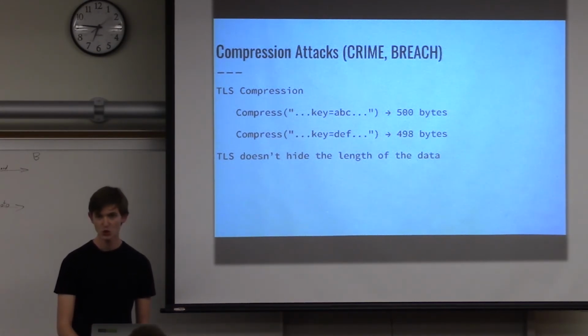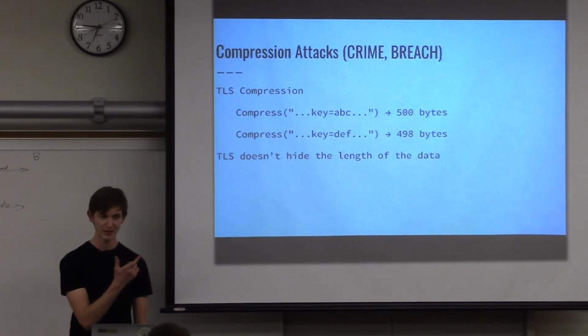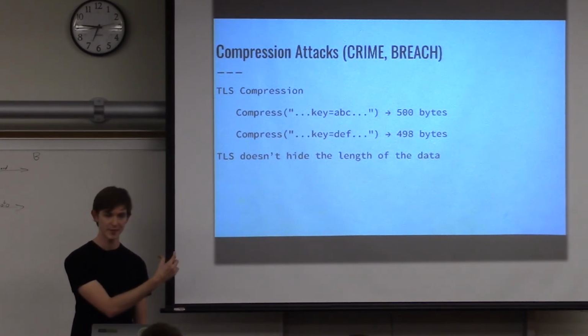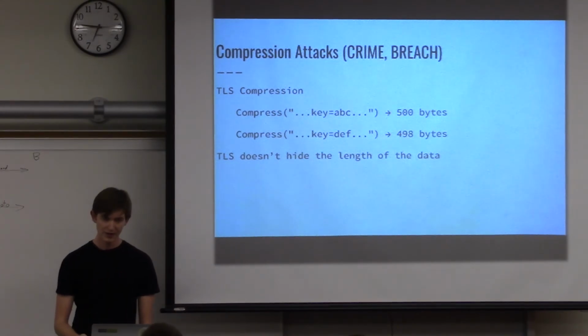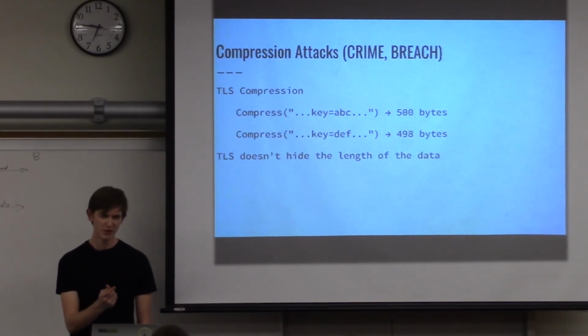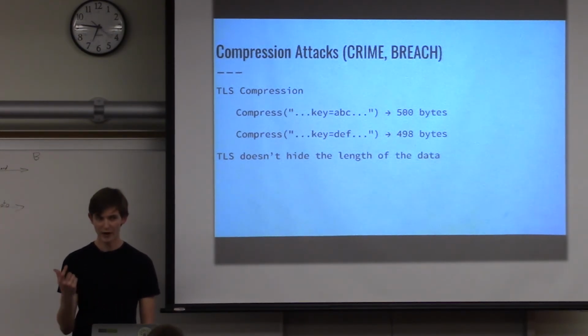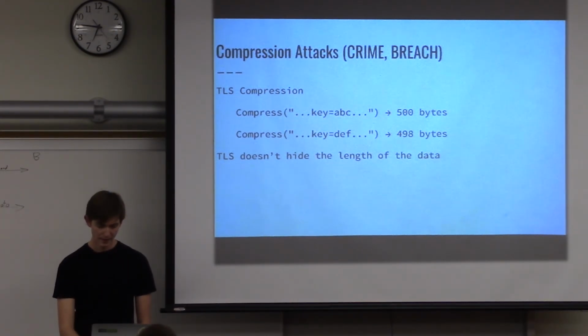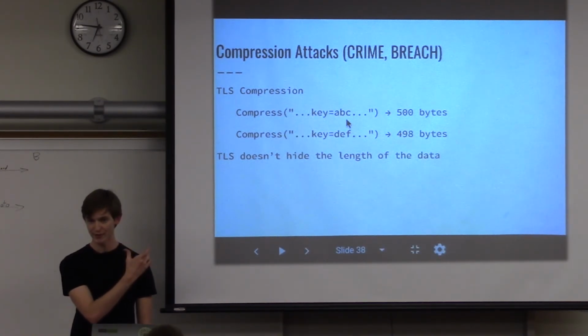So if you can control some of the information in a packet, but you don't know the rest of the packet, like a web page, for example. Let's say that I cause your computer to visit a web page, and I can control the referer header, like I control where it's getting redirected from. Then I can cause key equals ABC to be somewhere inside that web page.